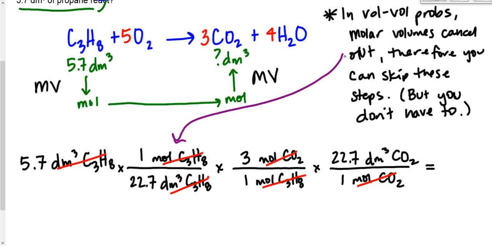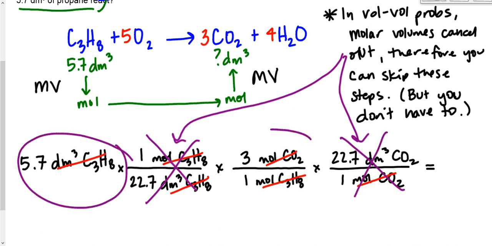Right here and here, we have our molar volumes. When you divide by something and then multiply by something, or multiply and then divide, it doesn't matter the order, they will be 1. Anything divided by itself will equal 1. So you can actually skip these whole steps and just do this times your mole ratio.